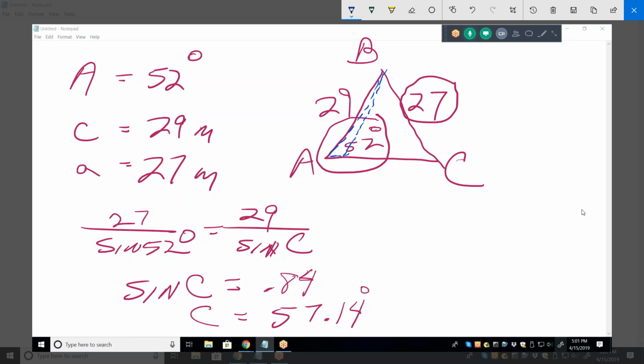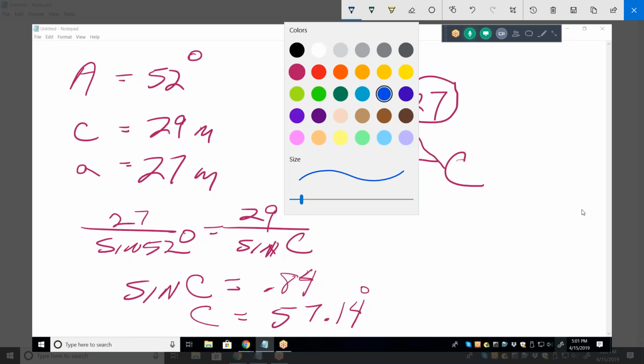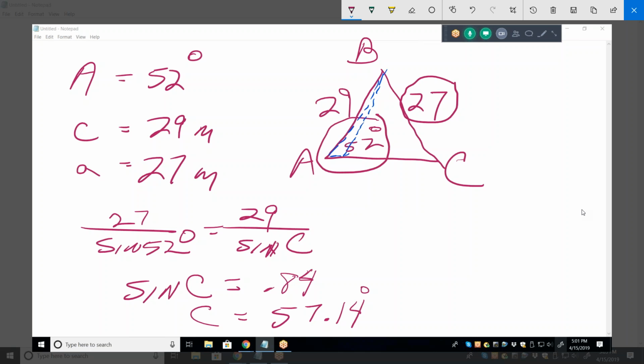Okay? Now, this is the only hard part about the law of sines and, frankly, the law of cosines. Is this ambiguous triangle when regarding the law of sines? Let me give you a very, very simple way of figuring out whether this is ambiguous or not.